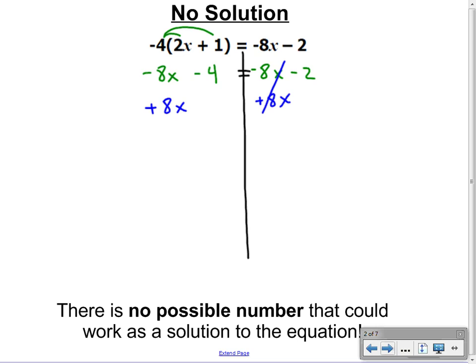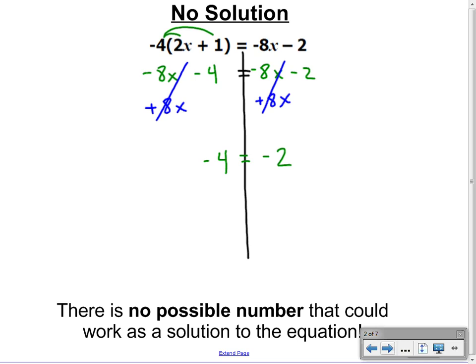Now, here's what's interesting. When I add -8x plus 8x on the left side of my equation, I get 0x, which cancels out my variable. What this leaves us with is -4 equals -2. Now, remember, when we're solving an equation, we're trying to figure out what our variable is equal to.